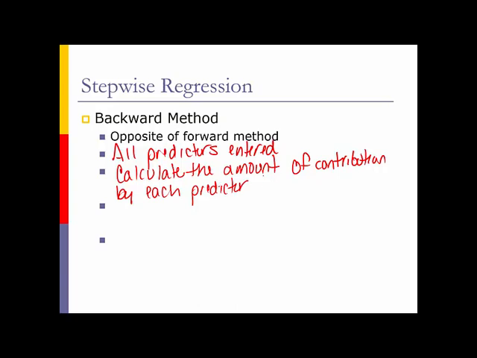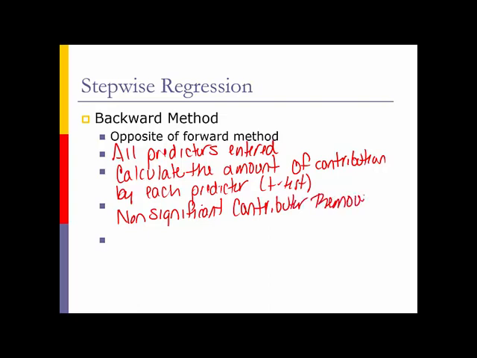And it's looking at that by a t-test. So if the predictor's not making a significant contribution, the predictor's removed. And then it reassesses the model for the remaining predictors.